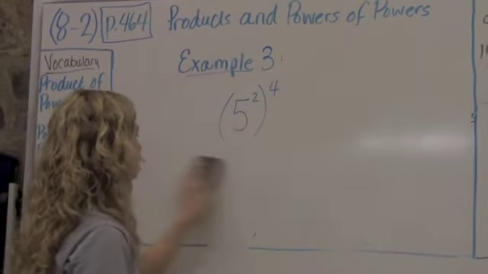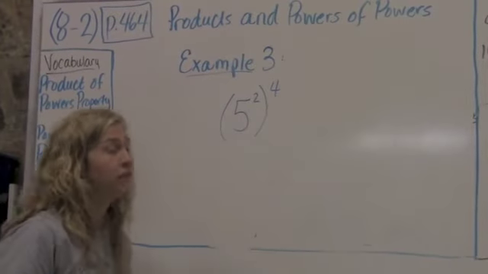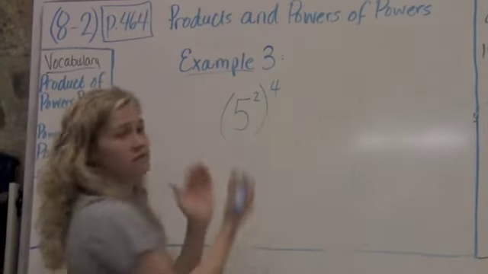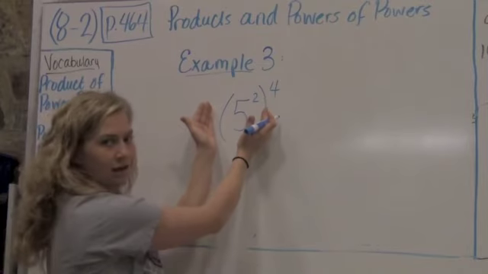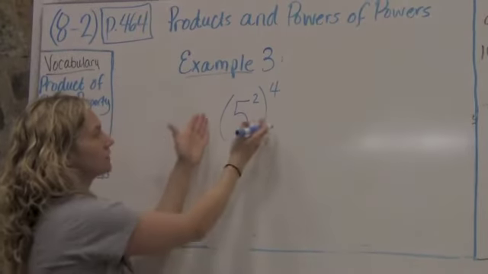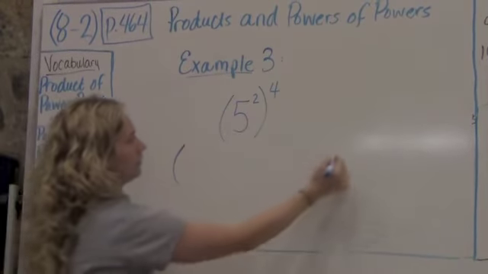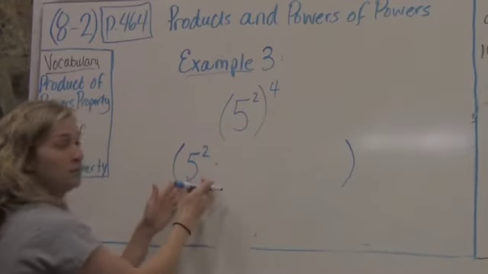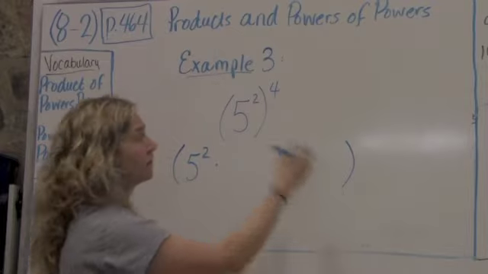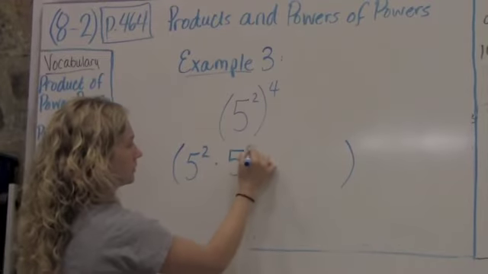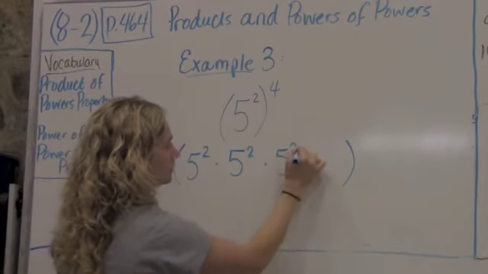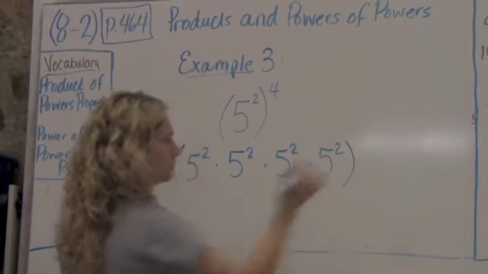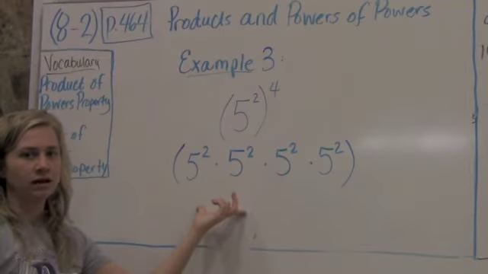In this case, it's no different, it's just that what you're raising to the power of 4 is now a power itself. So in this case, this would be equivalent to 5 squared multiplied by itself 4 times. Okay, so that's what it would look like.